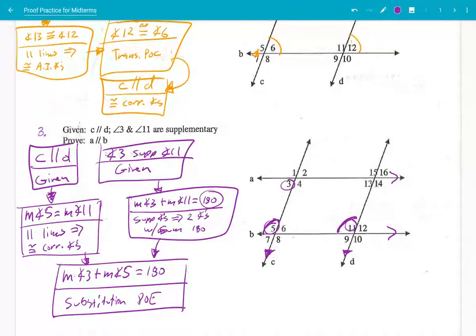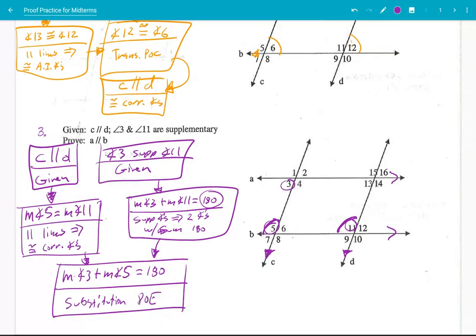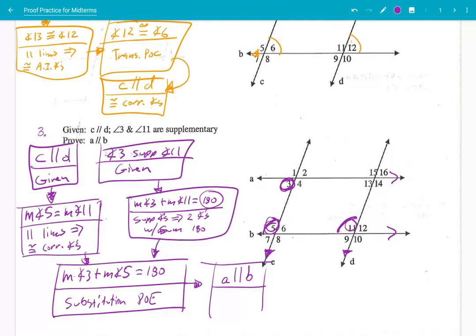And if 3 and 5 are 180 degrees, that means that A is parallel to B because those are supplementary same side interior angles, which imply parallel lines.